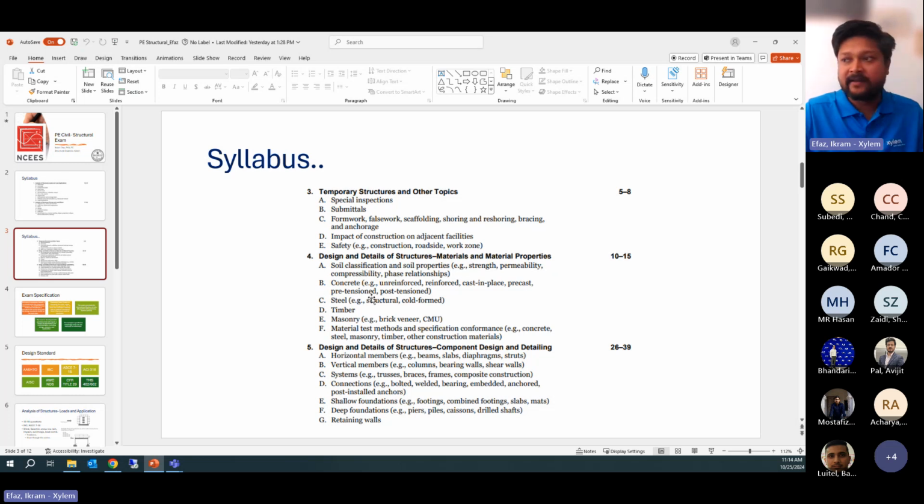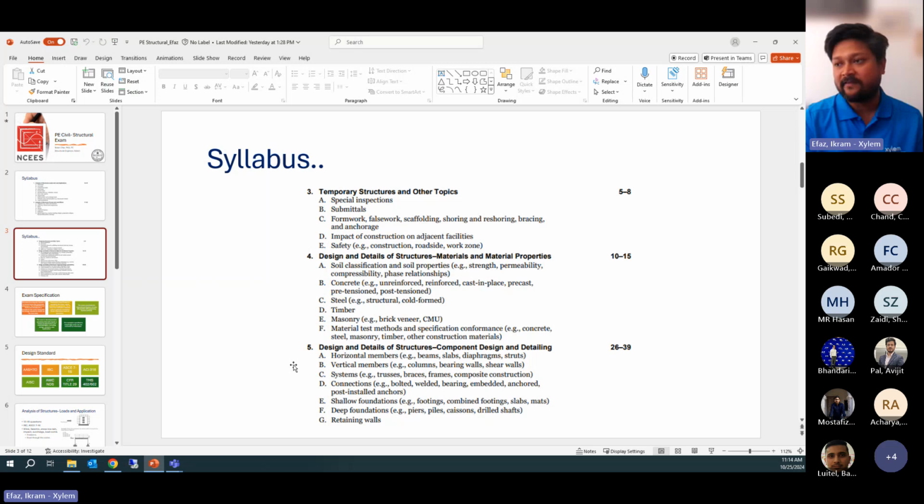And then there is material testing procedure: concrete, steel, masonry, timber. Sorry, these are section 4. Now section 5 is basically section 4. The first is horizontal members, that means beam, slab, diaphragm, strut. So they are either steel or concrete, right? Steel design or concrete design.